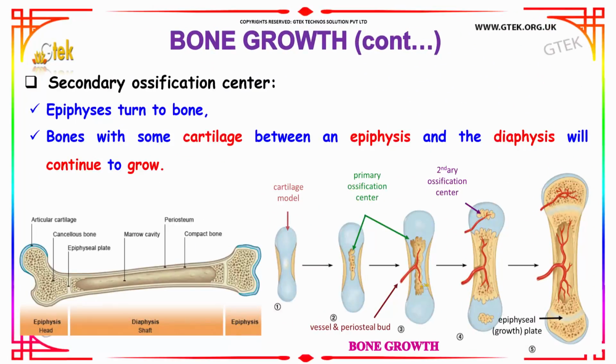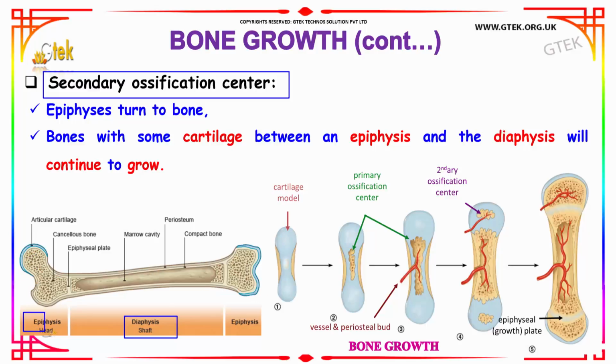In our secondary ossification center, that is the next stage, your epiphysis. In a bone, the middle portion, that is your shaft, is known as your diaphysis, and the heads on either end are known as your epiphysis.